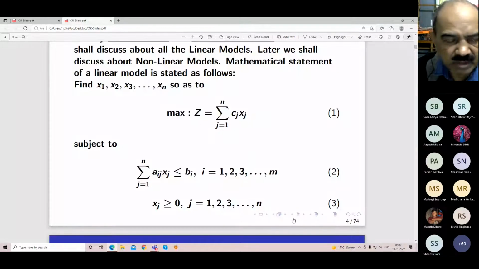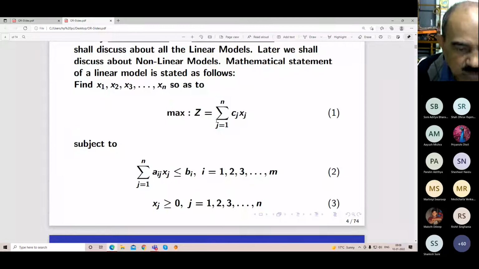There are n decision variables, and we are going to find the unknowns x1, x2, x3 up to xn. These are unknown decision variables, also known as control variables. We want to find those which maximize the objective function Z equal to summation over j from 1 to n of Cj xj. This is our objective function.